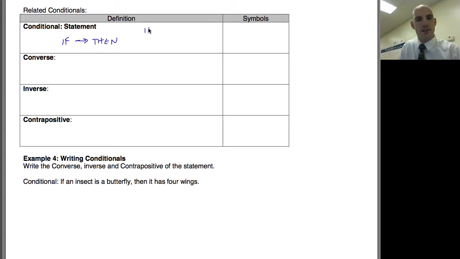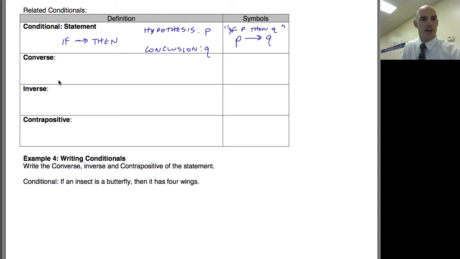And the hypothesis of the conditional is denoted with a letter P. So that statement gets assigned that letter P. The conclusion is going to be Q. And so an if-then statement looks like this in symbols. And we read it if P, then Q.